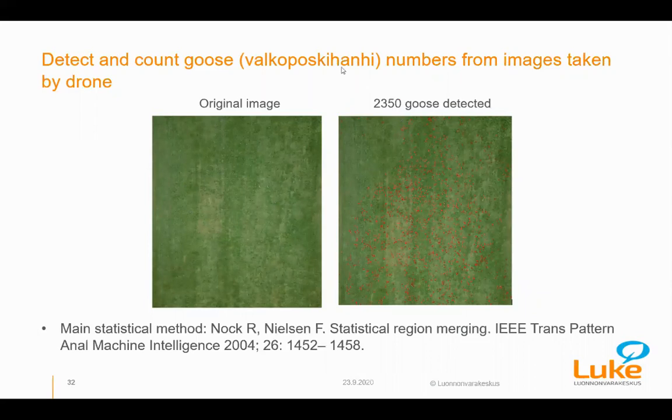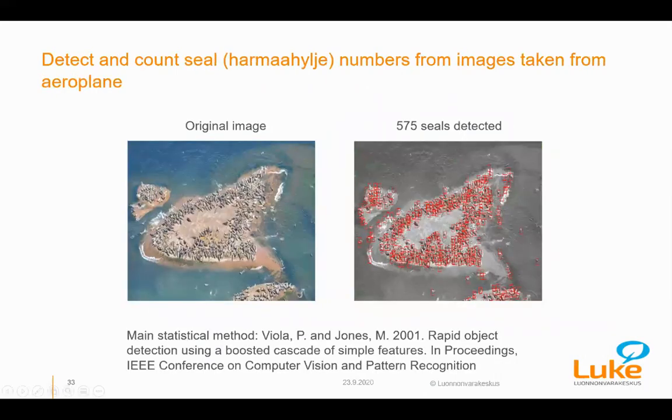And then my third and final example is something in between these two, similar to the previous, but it was to detect and count seal numbers from these airplane images.